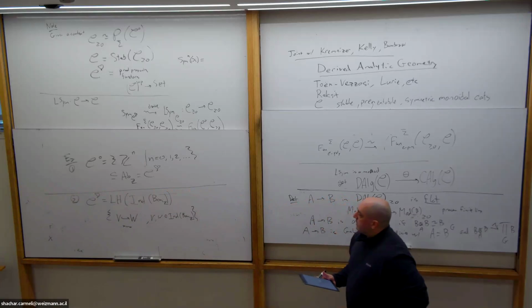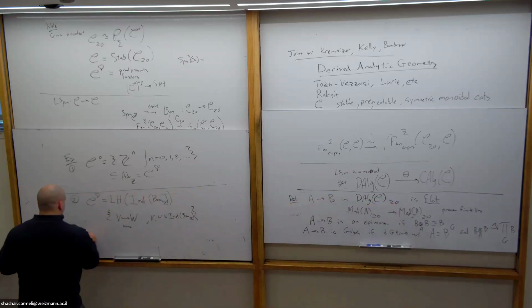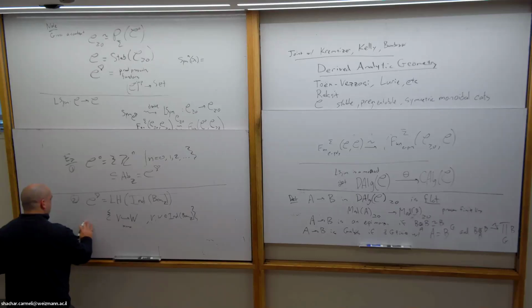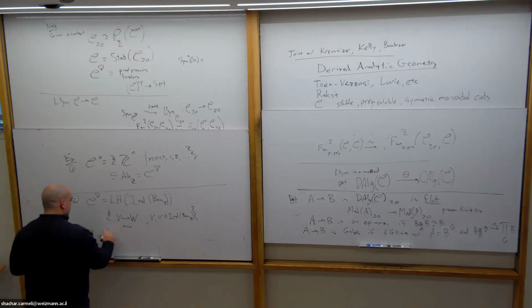And finally, I need to tell you what C0 is. The interesting thing here is that the objects of C0, even though they're going to be compact objects in the category, are not finitely generated abelian groups. So C0 is a certain collection of Banach modules over Z. I'm going to use the notation of a sequence space.